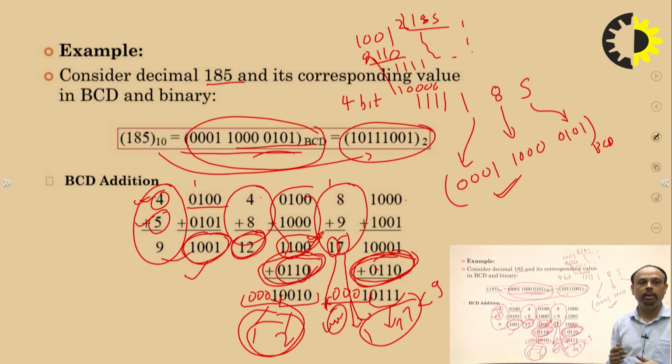So in this way, we can perform BCD addition. BCD is nothing but the 4-bit equivalent of the decimal number from 0 to 9. In case of BCD addition, we have to perform some error correction when the case lies between these two cases. So in this way, we can deal with BCD numbers.